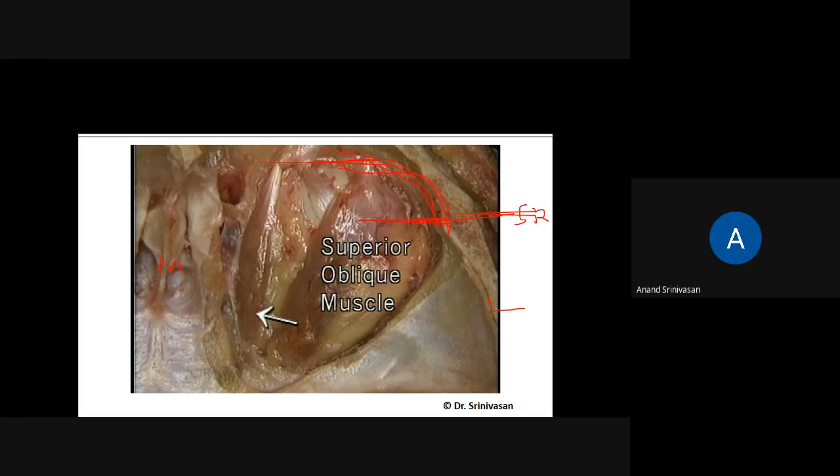Now in the medial part, above the medial rectus, there is a muscle. You can see this muscle going straight, but then here it takes a U-turn and gets attached here.